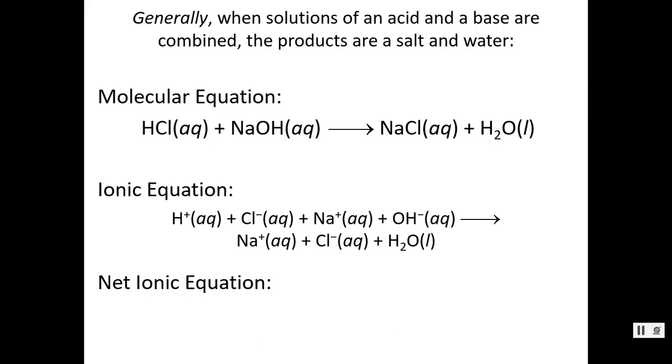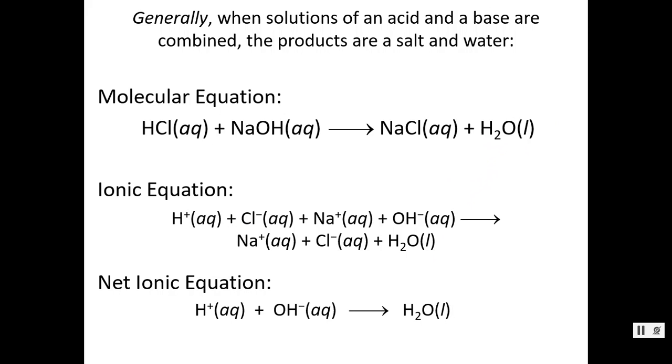So for this total ionic equation, I see three species that are aqueous, and so those three species are going to be broken up into their corresponding cations and anions. If you remember, we said things that are pure solids, pure liquids, or pure gases stay together, so that liquid water stays together.